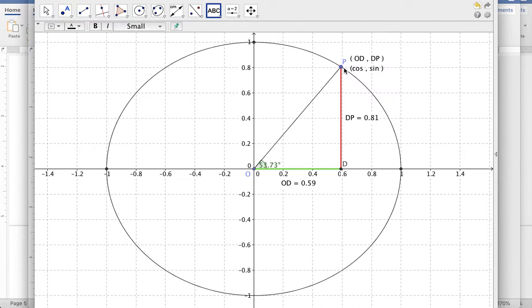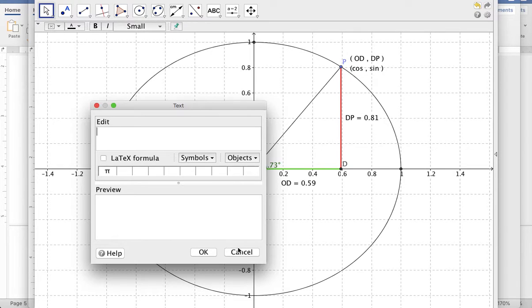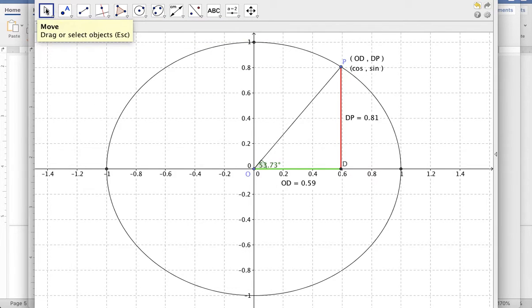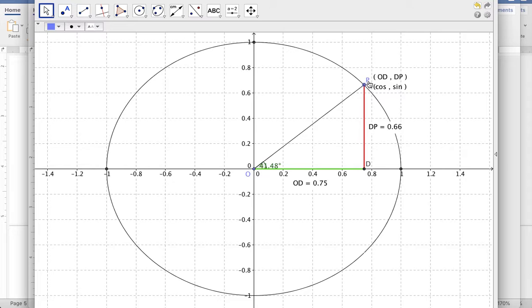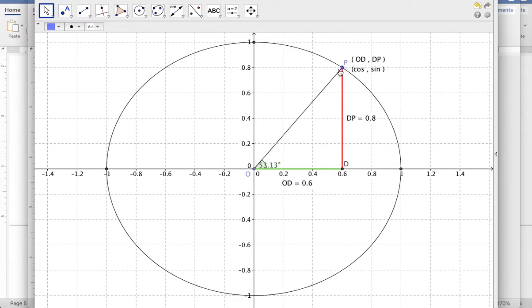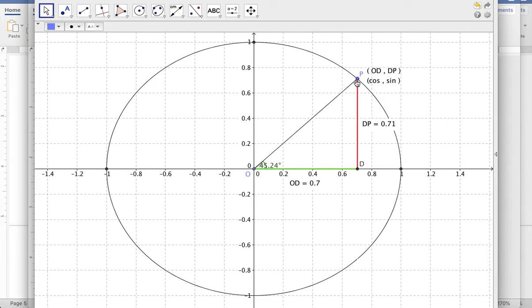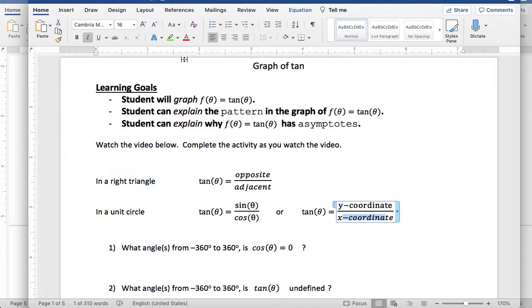So if we have a point here going around the unit circle, then your x-coordinate was equal to cosine, your y-coordinate was equal to sine.